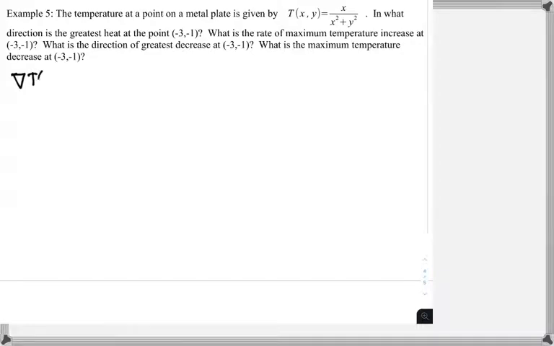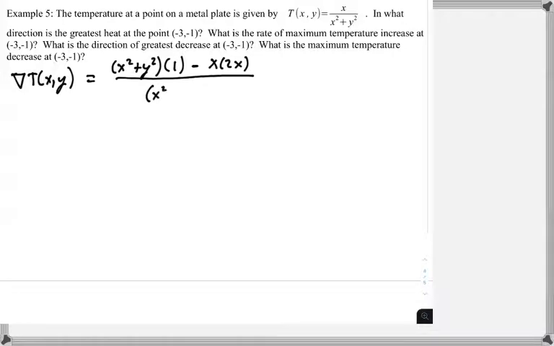So let's go ahead and find the gradient of T of x comma y. We're going to do a quotient rule. So low is x squared plus y squared. D high with respect to x, so it'll be 1, minus the top function times the derivative of the low function with respect to x, which is 2x, all over the low function squared. And that's your i component. Now we'll take the derivative with respect to y.